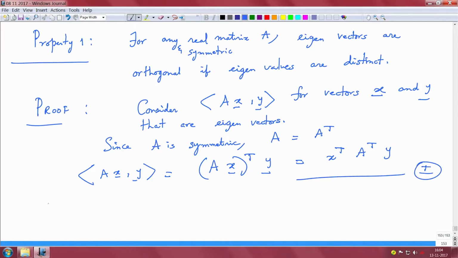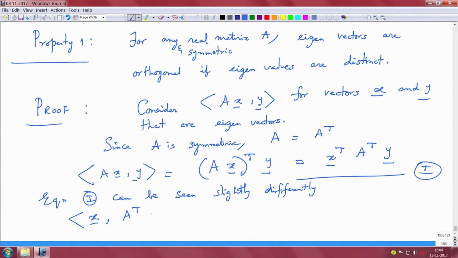Now, equation 1 can be seen slightly differently, right. So, I can see this as x dotted with A transpose y. By our definition, you transpose this and multiply with this, right, that is what we did here.